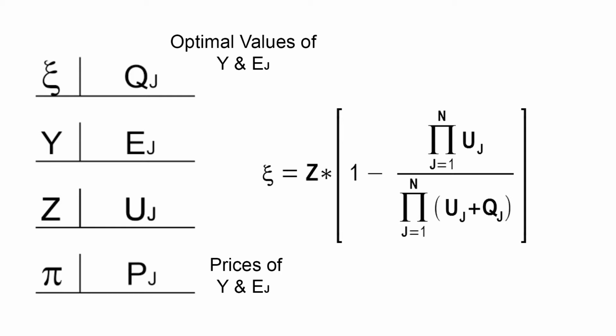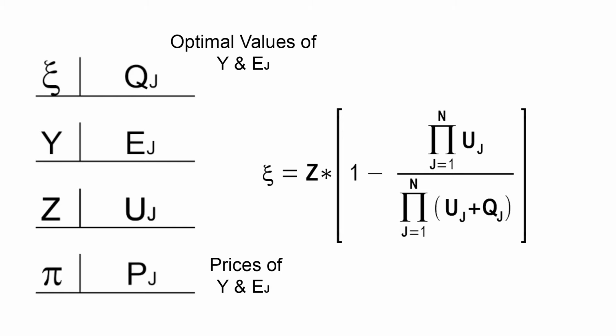These variables are summarized here, next to the compact form of the equation for hyperbolic production functions. This equation has optimal values for the output xi and for the inputs q sub j, replacing the variables y and e sub j. In the analysis to follow, we will presume knowledge of one such point on an otherwise uncalibrated production function, where that point is accepted as optimal with respect to a known vector of prices, pi and p sub j.